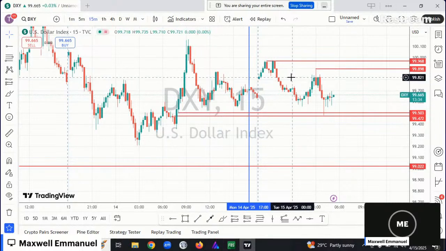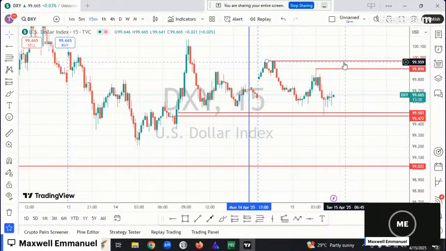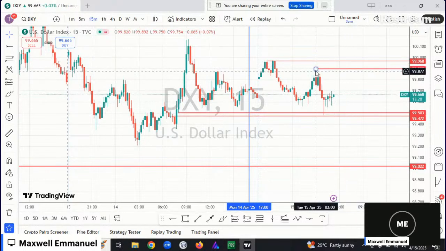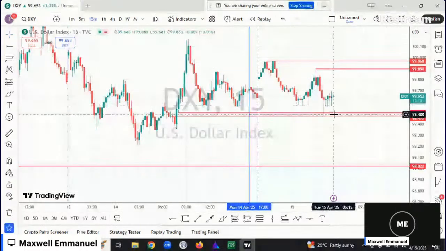So wait for a breakout from this low, or wait for price to pull back to fill the liquidity residing at this high and also this high before we look for buys on GU, AU, and so that's my take on DXY.